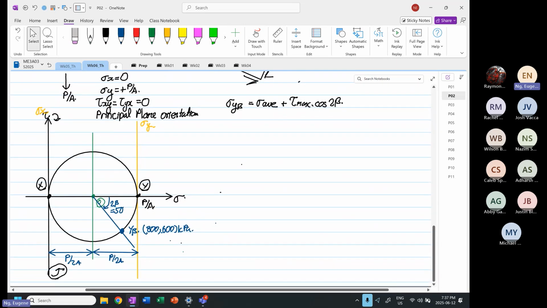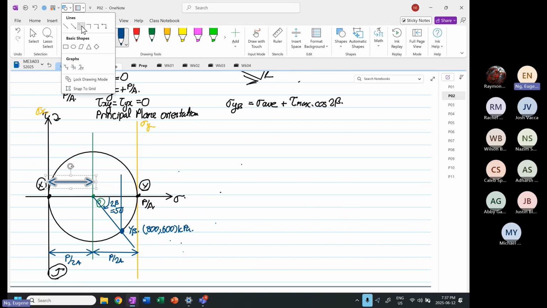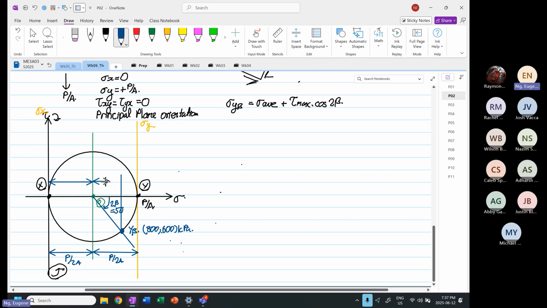So why is that the case? If I were to draw a line from here, we know the distance from here to here, and then we also know the distance from here to here.